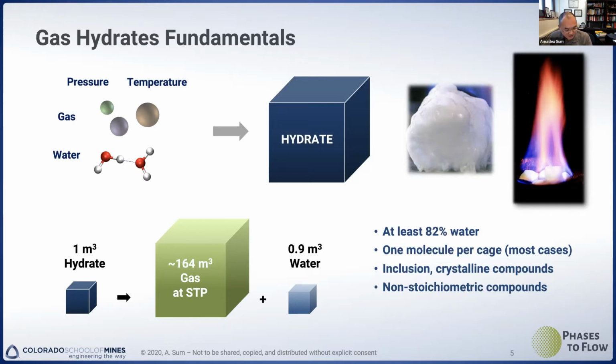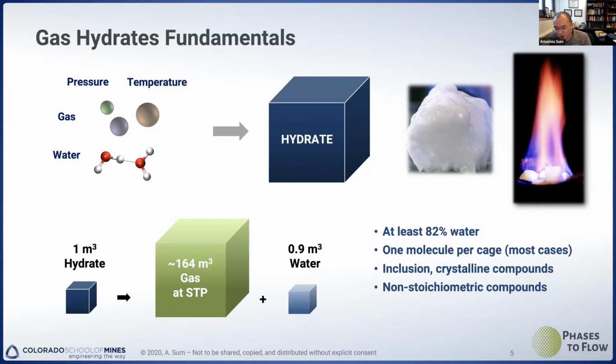The hydrates have a fairly large content of gas that can be trapped in the crystalline structure. And that corresponds to about 164 times if you were to dissociate one volume of a hydrate.